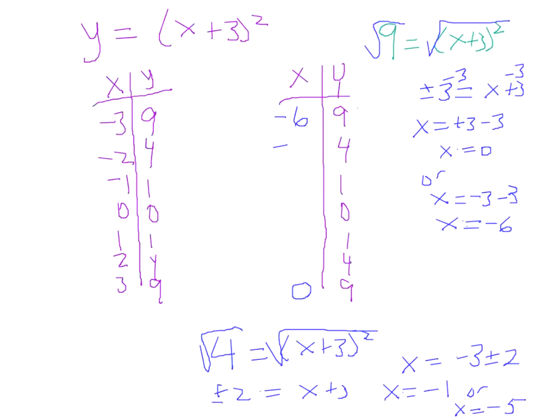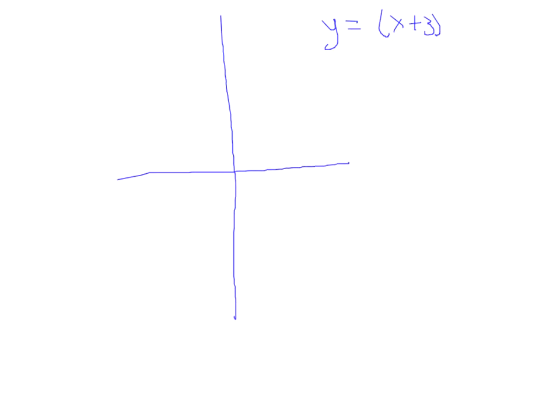And so you can see that our values here, negative 6, negative 5, they're all decreasing by 1. And that's because we won't have a vertical stretch. Sorry, a horizontal stretch. So this is the new table, and when I graph this new table, this equation was y equals x plus 3 all squared.